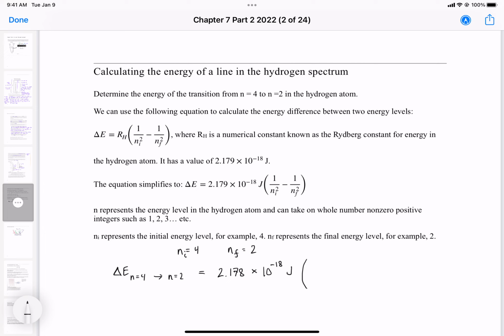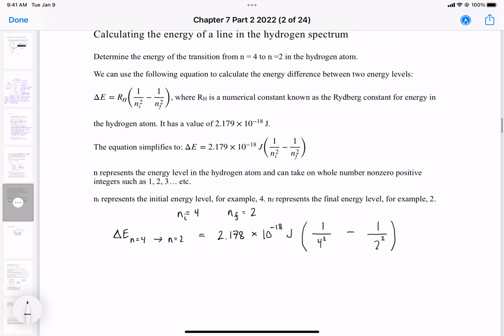So we get 1 over 4 squared minus 1 over 2 squared. To solve these fractions easier, it might be best to represent them as fractions.